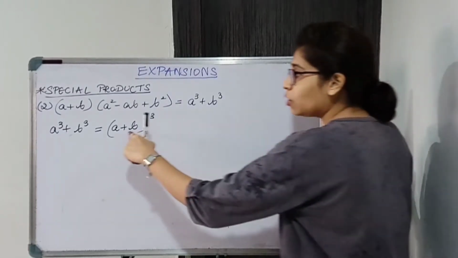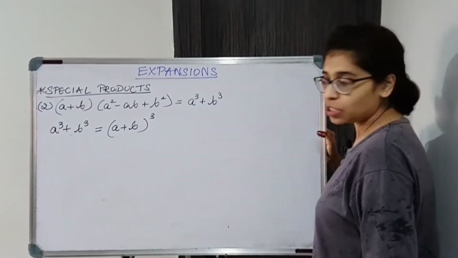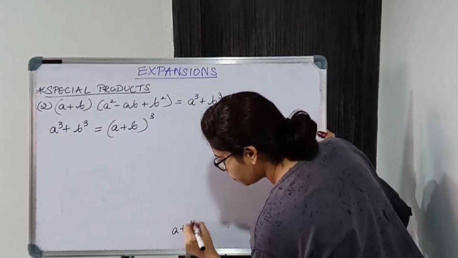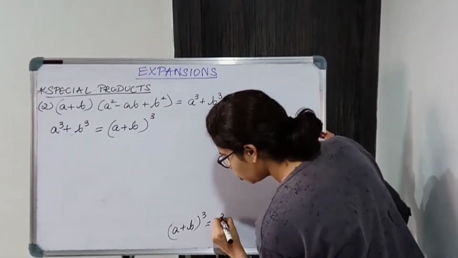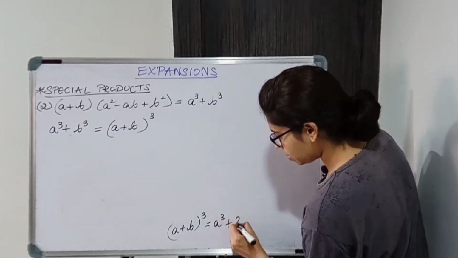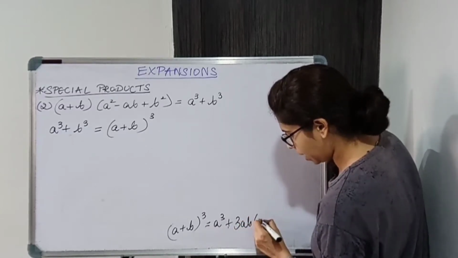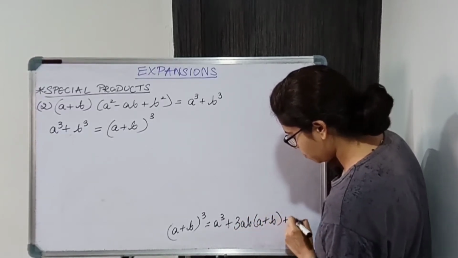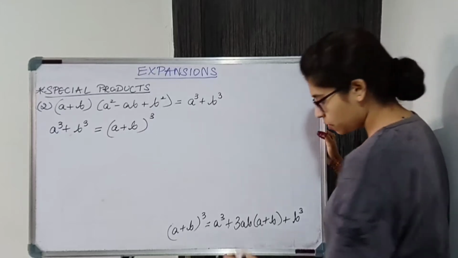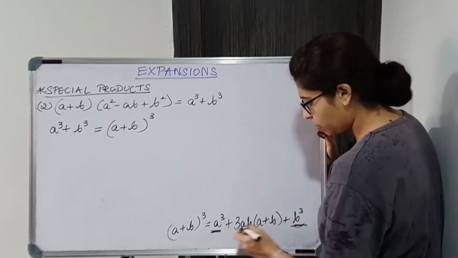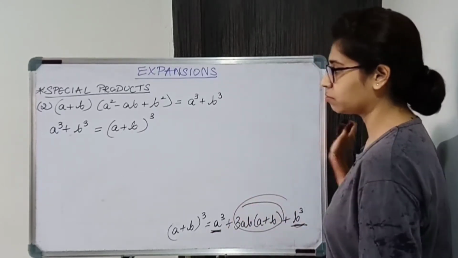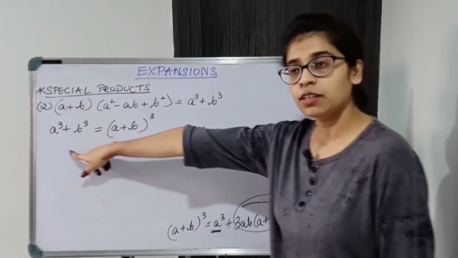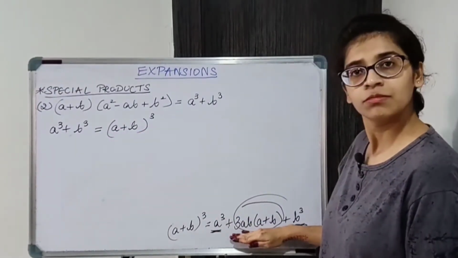Students, we know the expanded form of (a + b)³. What is (a + b)³? It is a³ + b³ + 3ab(a + b). So we want a³ and b³, but we don't want this; in the LHS part, we don't have this.